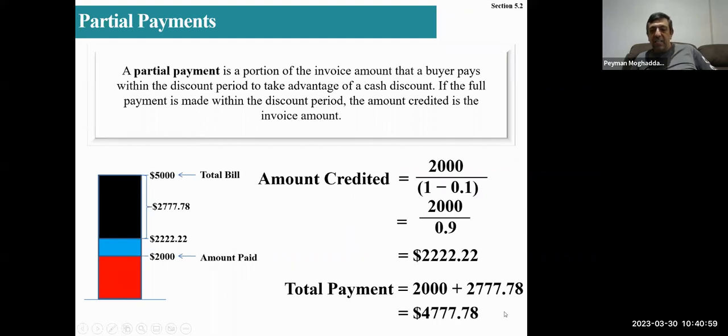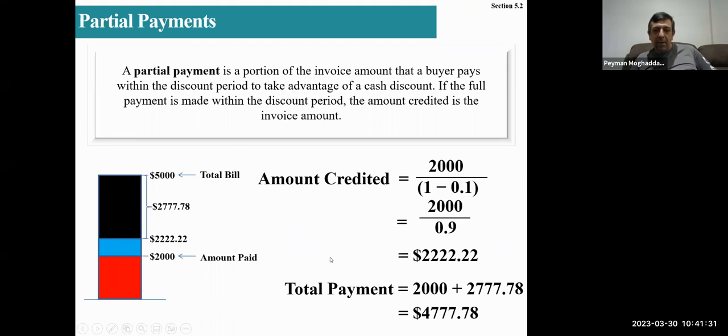So that's what you pay in total. Okay. As I said, if you made any payment in the discount period which is not the full payment, that payment you divide by 1 minus D to find the amount which is credited toward your total bill. Okay, so that's how you calculate the partial payment.